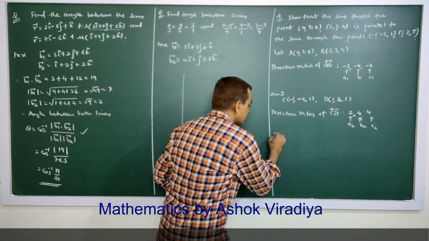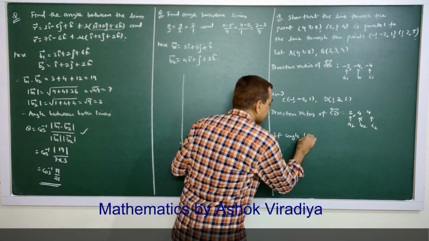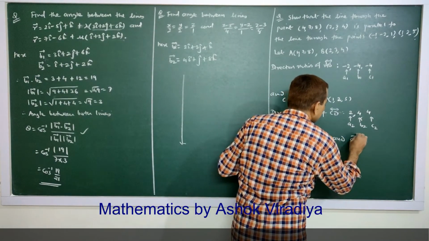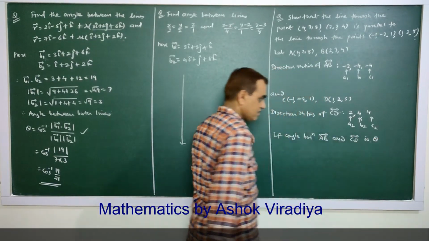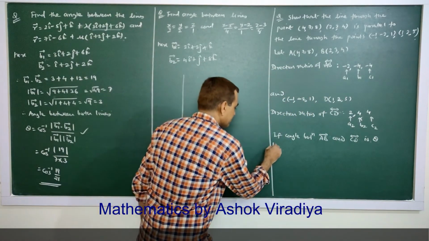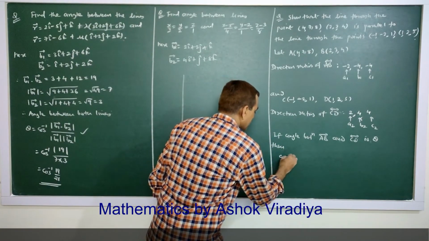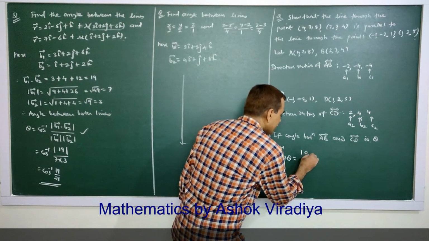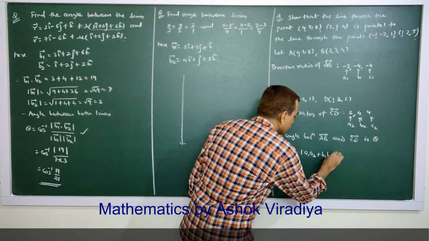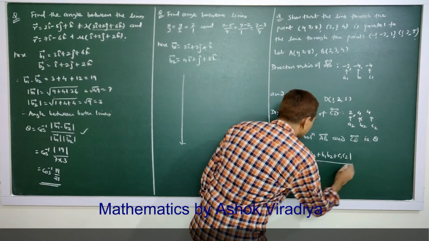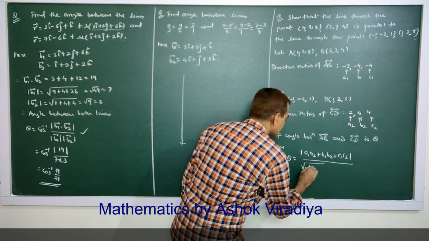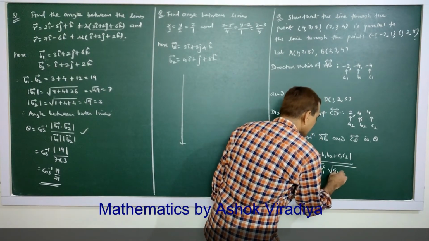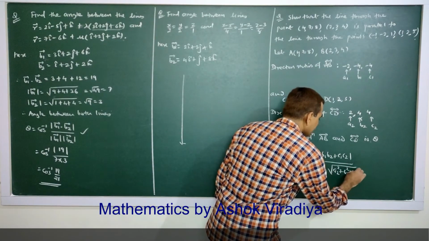Now if the angle between line EB and line CD is theta, then cos theta is modulus of A1 A2 plus B1 B2 plus C1 C2 upon square root of A1 square plus B1 square plus C1 square into square root of A2 square plus B2 square plus C2 square.